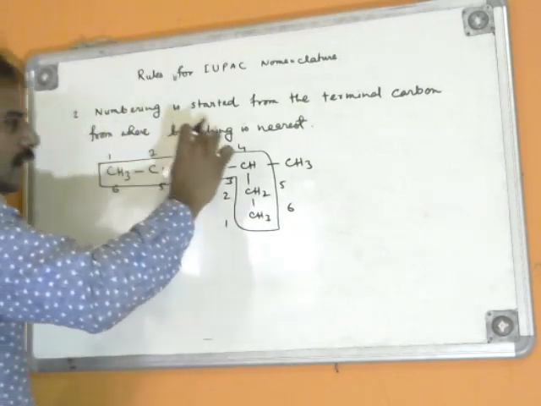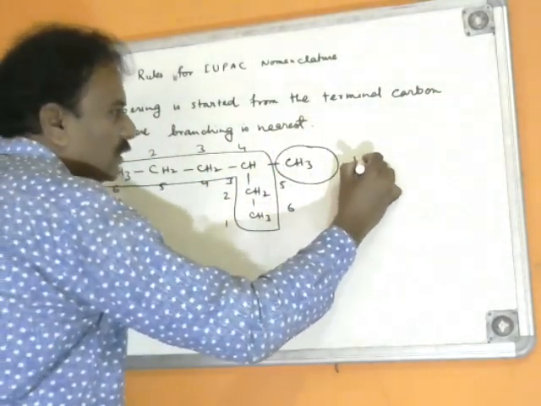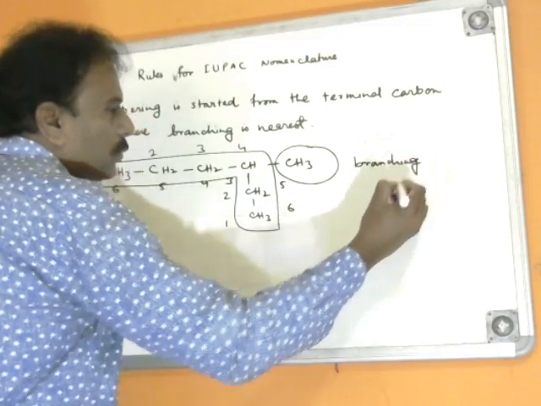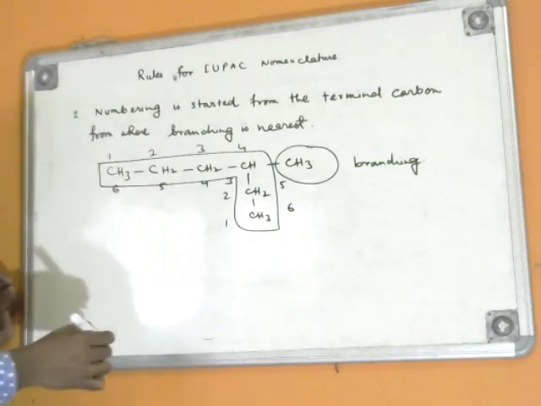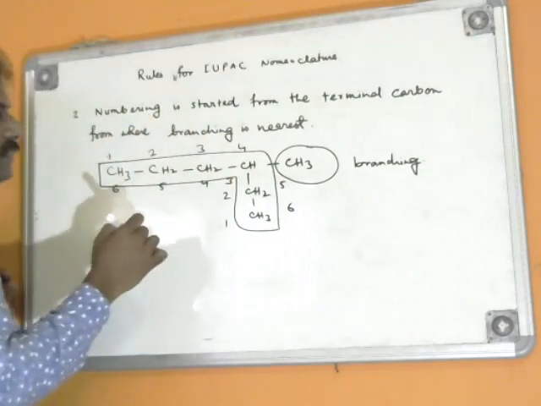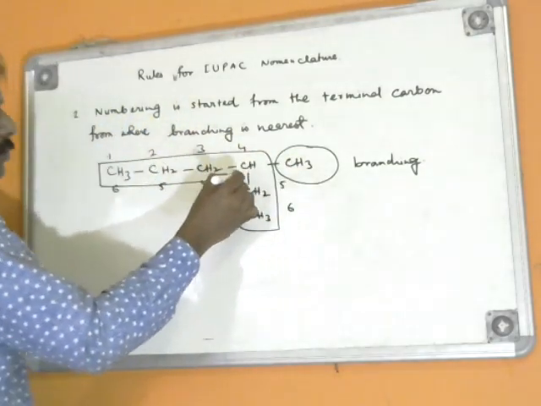Beside this chain, there is another group which is branching. Now you have to see in which numbering system that branching is at the lower number.